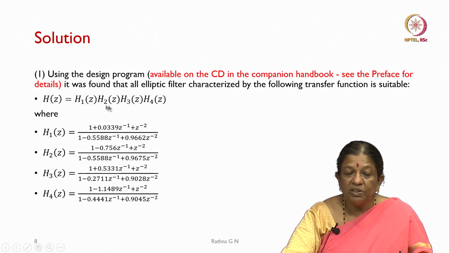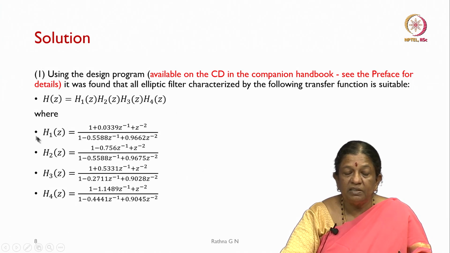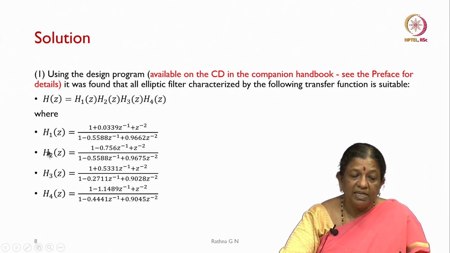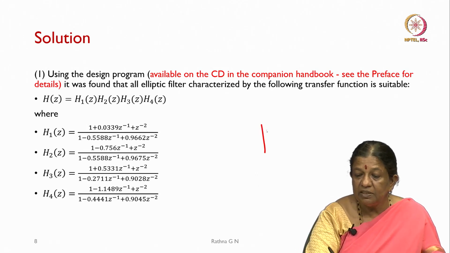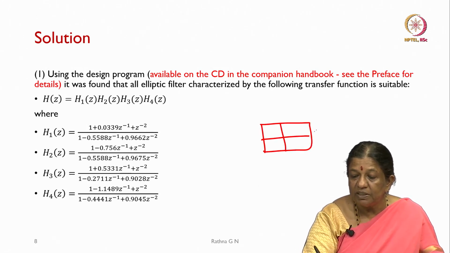Here there are 4 second order sections which have been created, and then using their zeros and poles you will be representing your impulse response like this: H1, H2, H3 and H4. So, you will be seeing that this is in a cascade form basically.